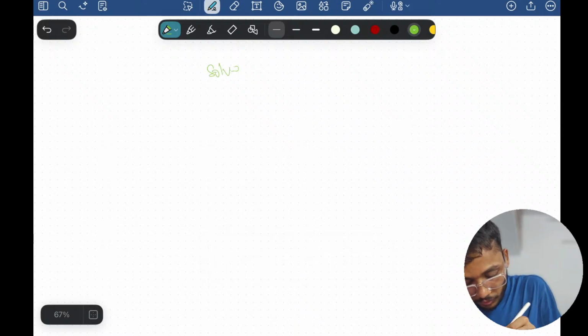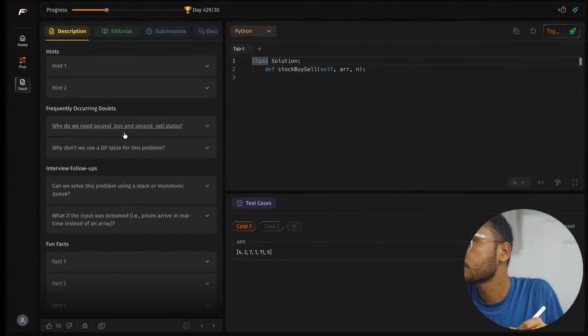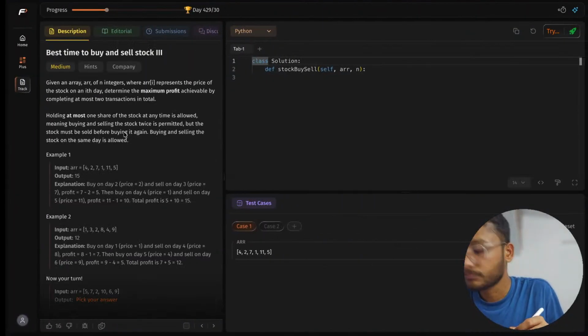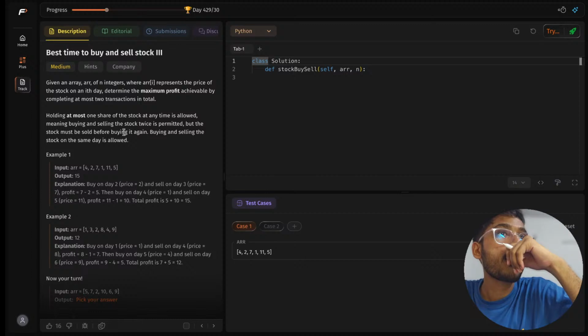We'll use buy and sell, and what else? An array. But if I have two options, then memory will be 3D.